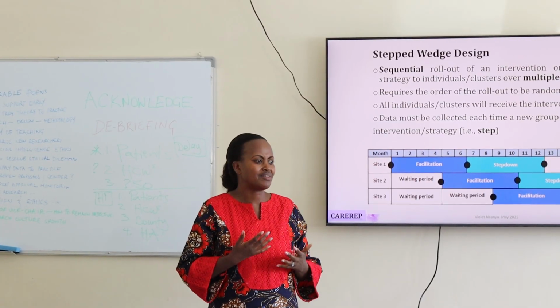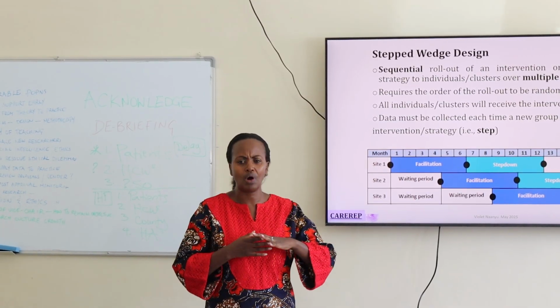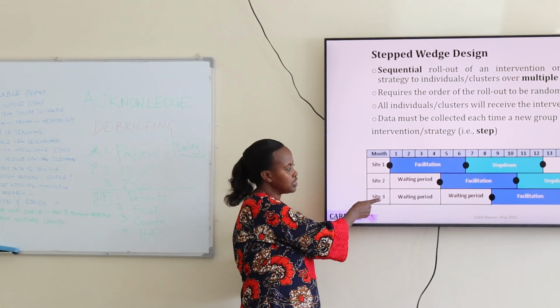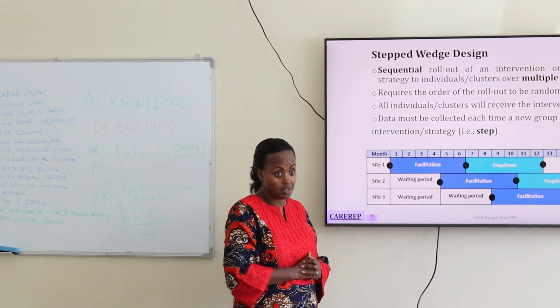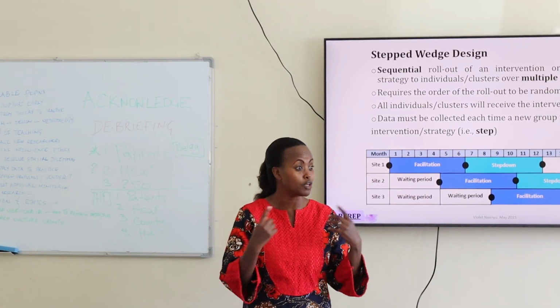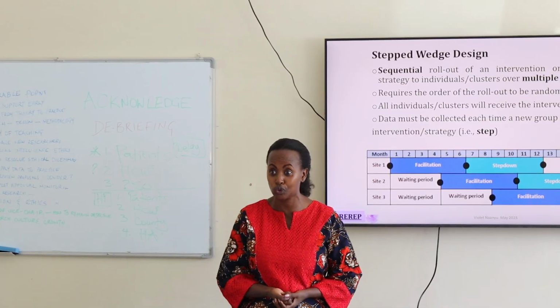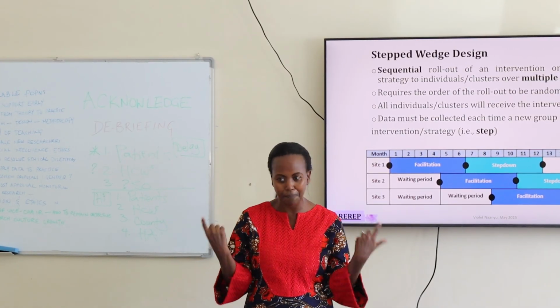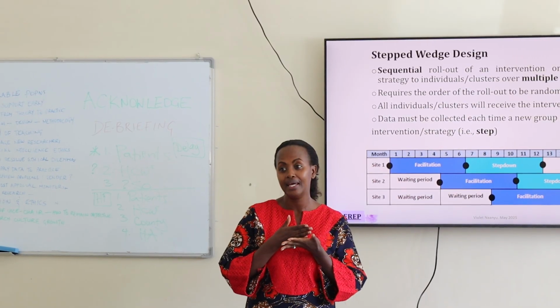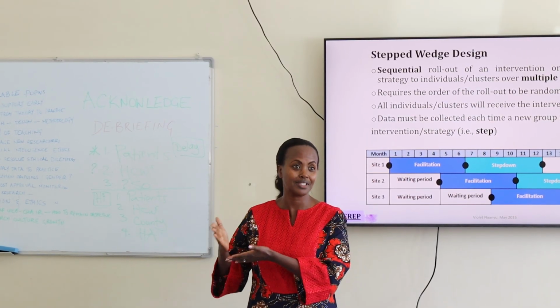You will only be justifying, maybe based on resources or how far places are, why you would go to a location, why site 1, site 2, site 3 is place X and not the other. But in the end, 100% of the schools, maybe it was something on oral health you're doing in primary schools, at the end of the day, all the primary schools will have received the intervention. But you explained why the dental program was stepped.